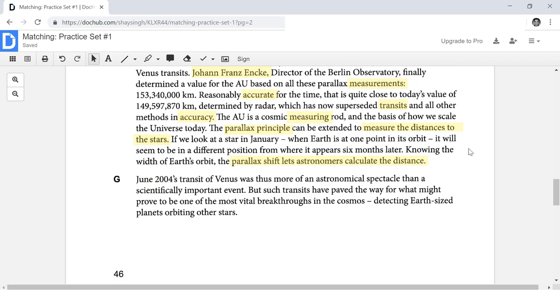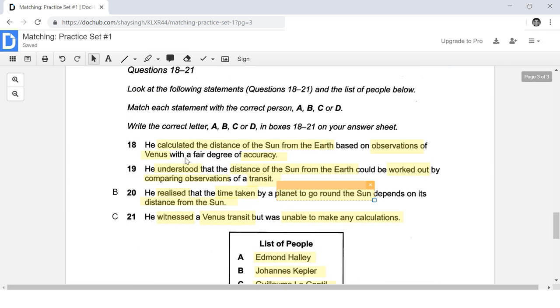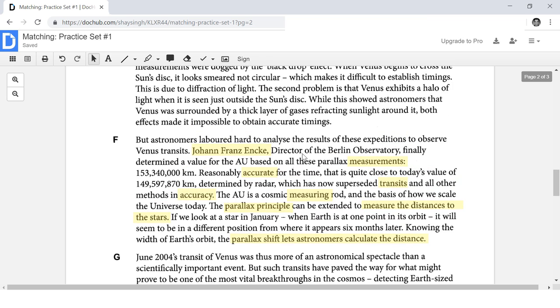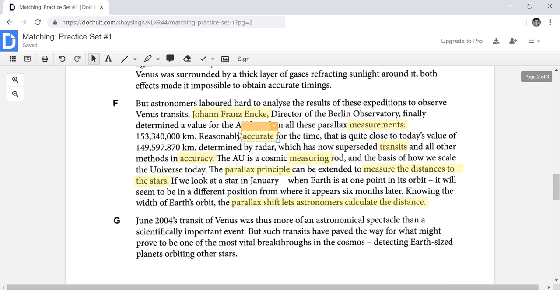It says, knowing the width of Earth's orbit, the parallax shift lets astronomers calculate the distance. So here it says, calculate the distance of the sun from the earth based on observations of Venus with a fair degree of accuracy. I want to make sure that the word Venus appears here.